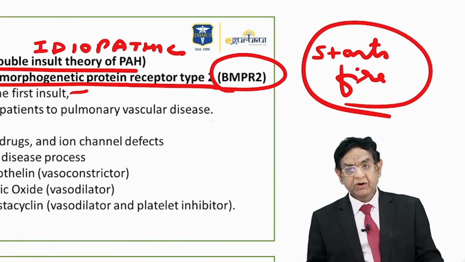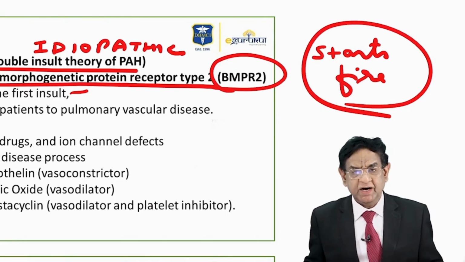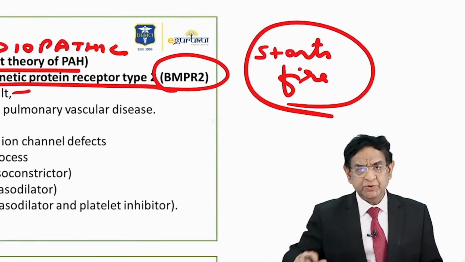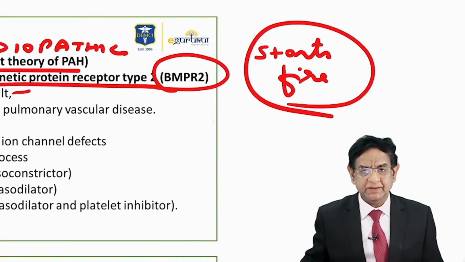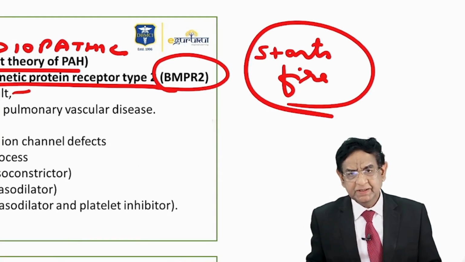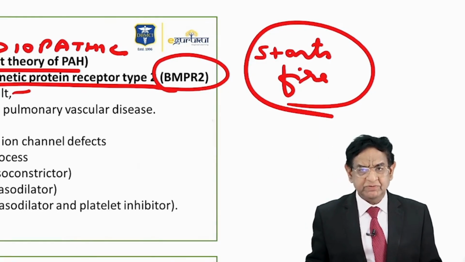Take a day-to-day example: you drive a car, motorbike or scooter, whatever you drive, you put in the key and you ignite, you start the car, and after that you change the gear and the car moves or the bike moves.